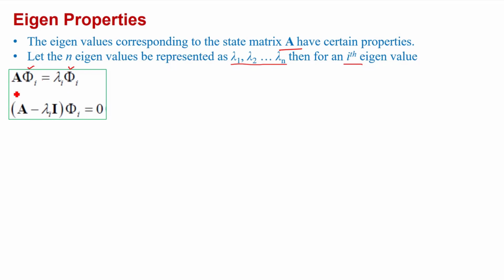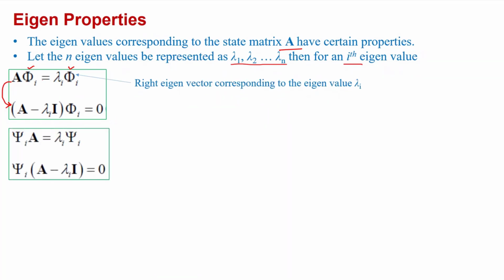If we manipulate this equation a little bit, we get A minus lambda i I into phi i equal to 0, right? And this phi i is your right eigenvector corresponding to eigenvalue lambda i.